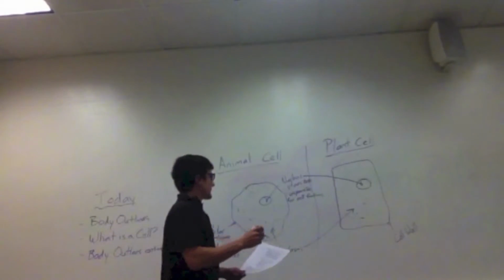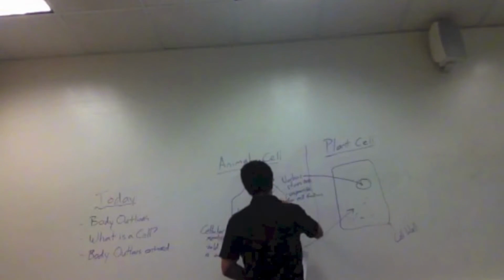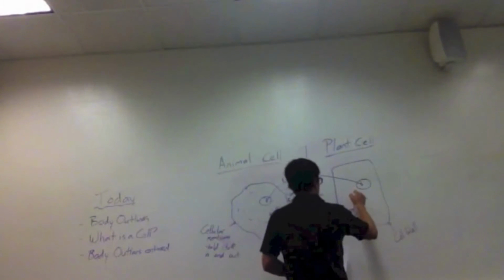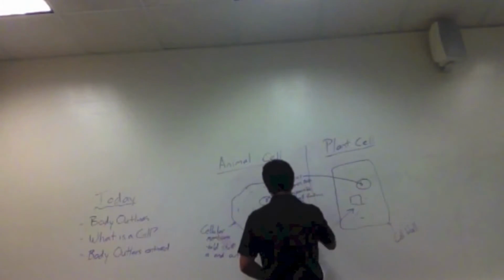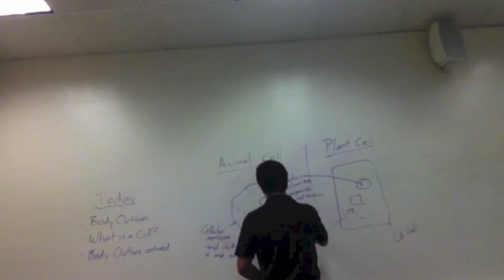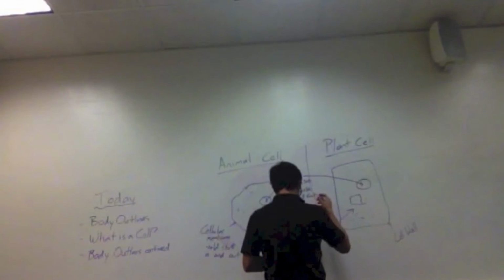Vacuoles, they're present in both cells. They're a lot smaller in animal cells than what they are in plant cells. But their function is to store, let's see, what is it?